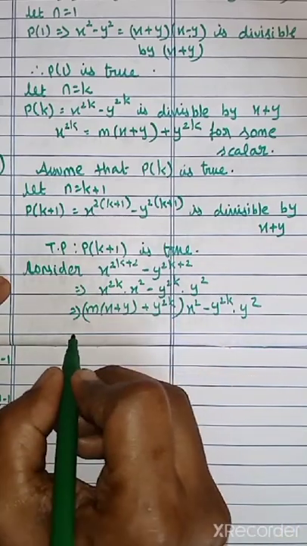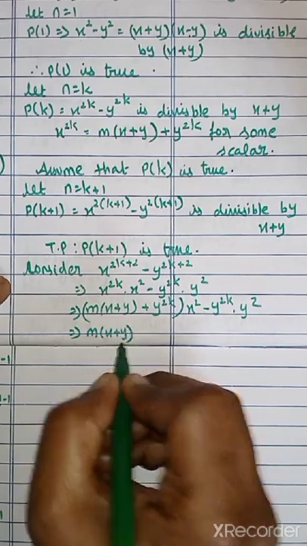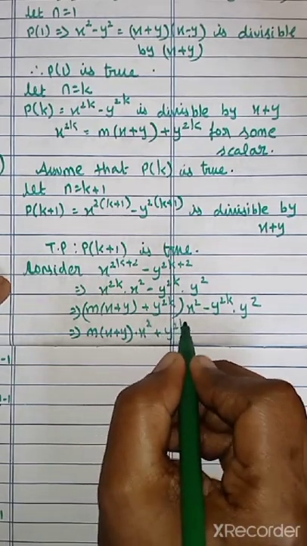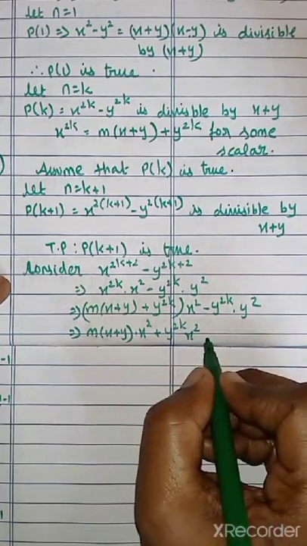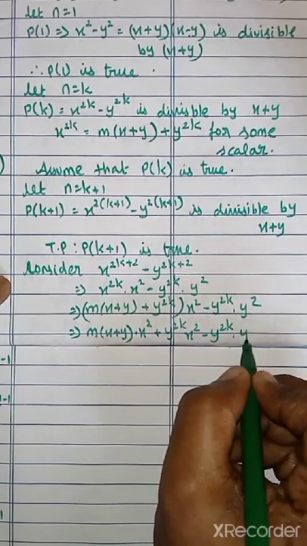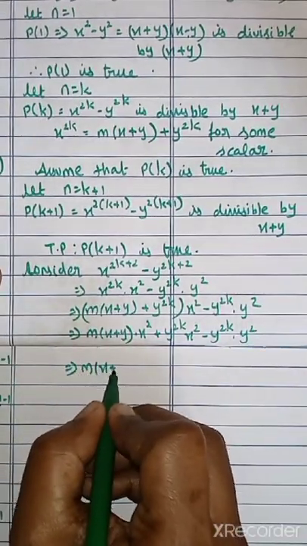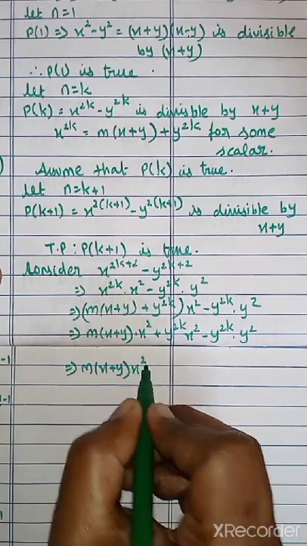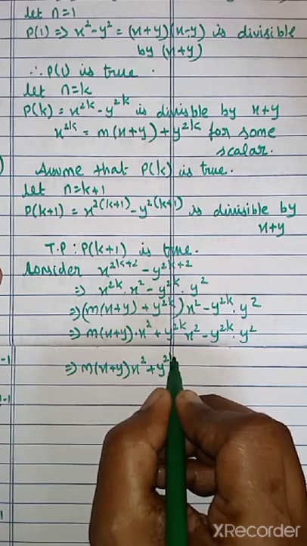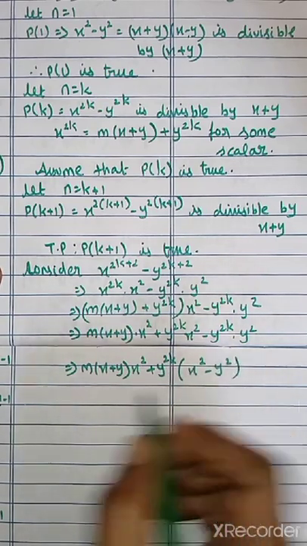Multiply x square inside, you will get m into x plus y into x square plus y power 2k into x square minus y power 2k into y square. Now combining these two terms we can take y power 2k common, so what will be remaining? x square minus y square.